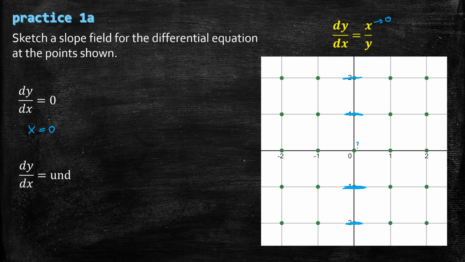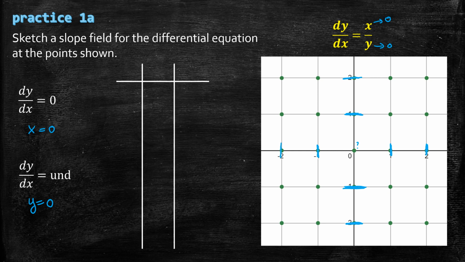The next thing is to consider where dy/dx is undefined, and that's going to happen whenever the denominator is equal to 0. So when y equals 0, which is along the x-axis, I will put vertical line segments there just to know places where this function can't go. And then we want to work on the points that are in the quadrants themselves.